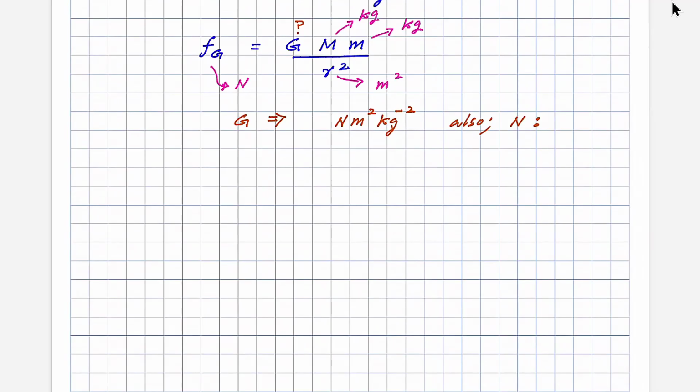Newton comes from F is equal to ma, remember? F is Newton, so Newton is nothing but kg m s to the minus 2. Agree with me?